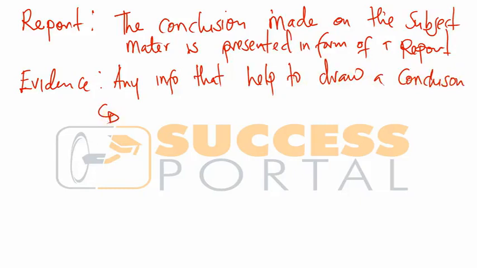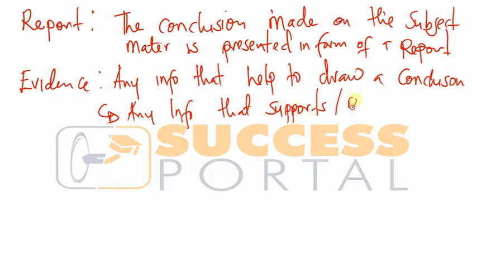But the definition, we say that any information that supports or refutes a premise, right? Or an idea. So basically that's the evidence, or any information that helps draw a conclusion.